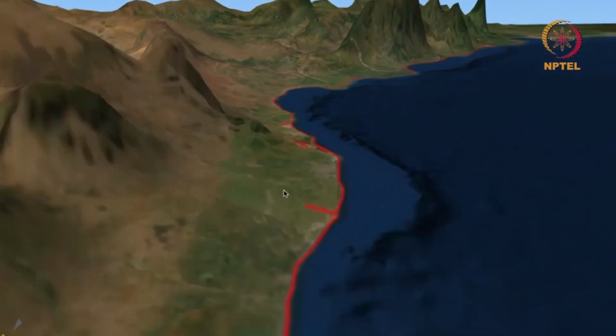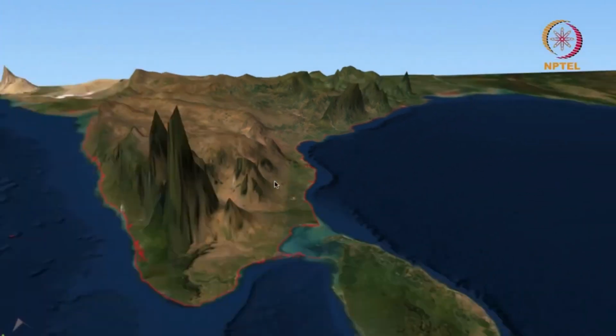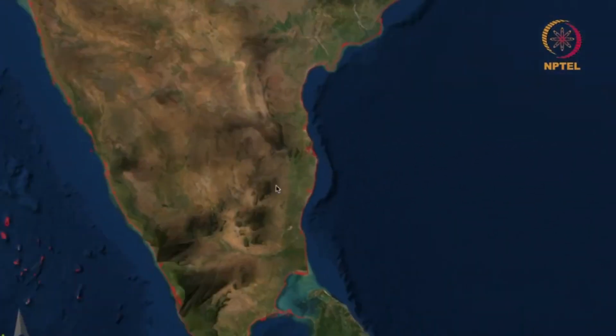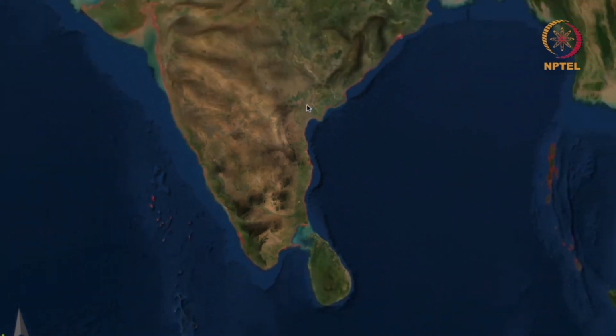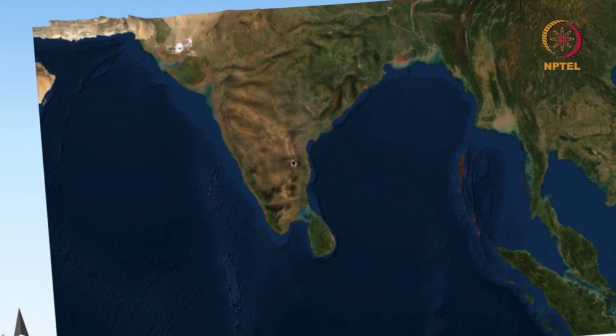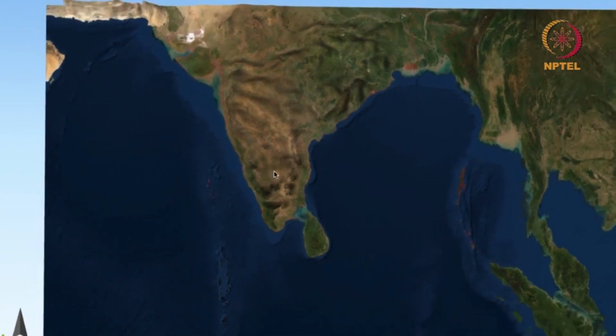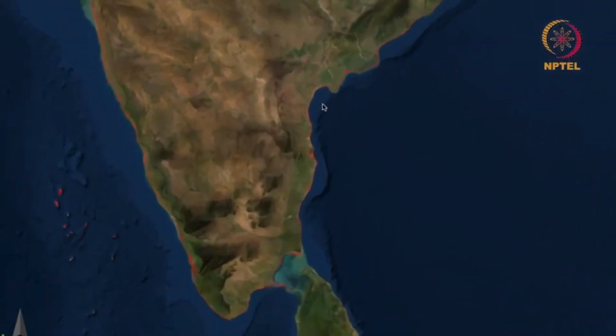And these areas have a large amount of agricultural activity going on, because these areas are flat, and also because these areas have the deltas of a large number of rivers. So for instance, we have the Mahanadi Delta, the deltas of Krishna, Godavari, Kaveri, and so on.